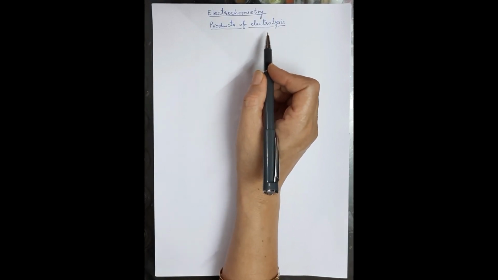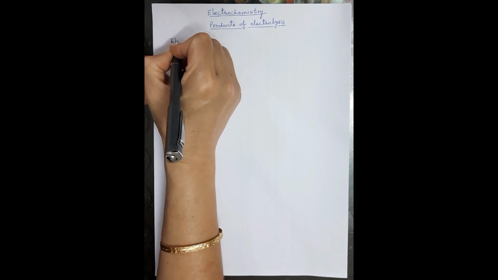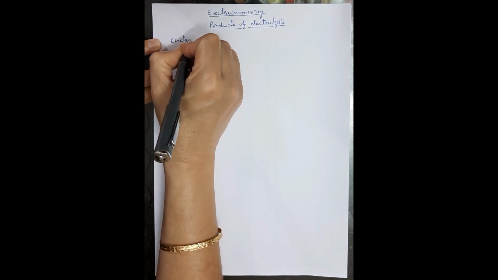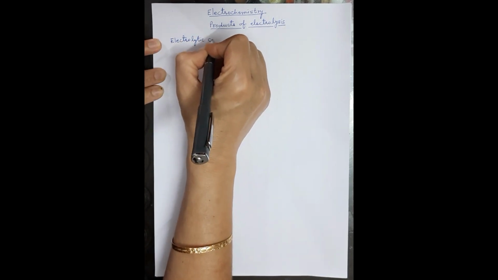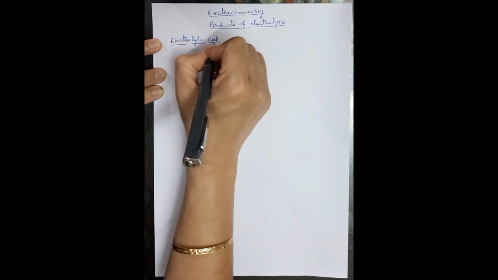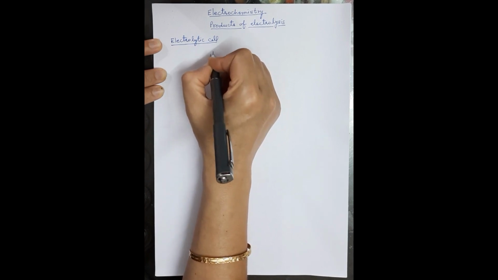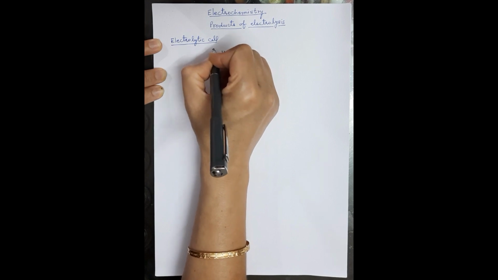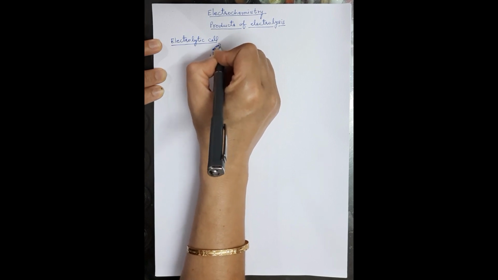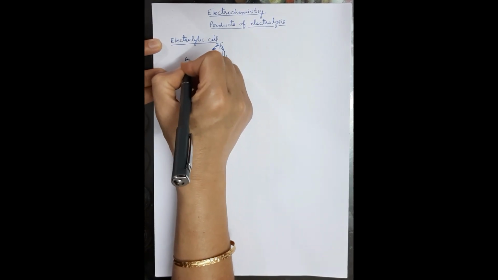Before starting with the topic, let me revise what an electrolytic cell is. Although we have done it earlier, let me revise it quickly. If you remember, there is only one container in which two electrodes are kept. The two are connected with a battery. This is the positive and negative terminal, and generally on the left hand side we take the anode.